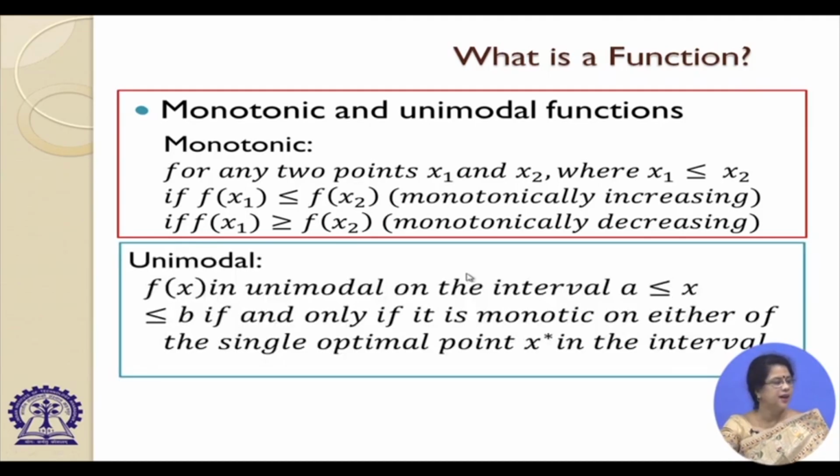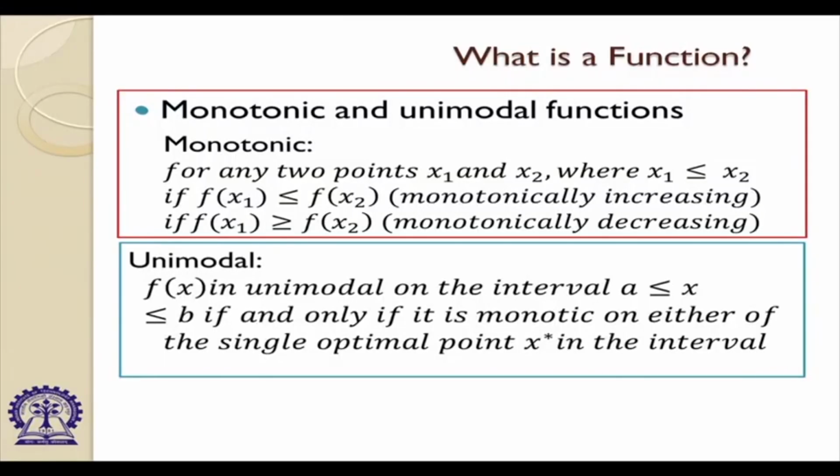Okay. Now, what about unimodality? As I said, there will be only one mode. Now, see within the interval a b, if the function is monotonically increasing on one side and monotonically decreasing on the other side, or the reverse, monotonically decreasing on one side of a point x star and monotonically increasing on the other side, then we can say the function is unimodal.